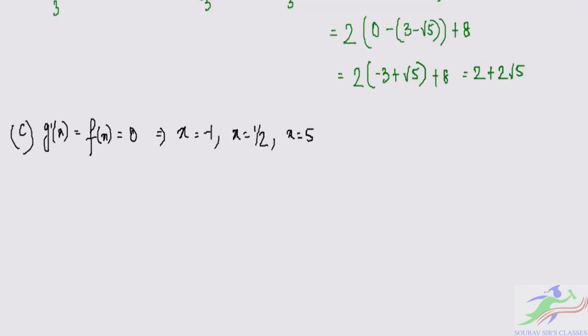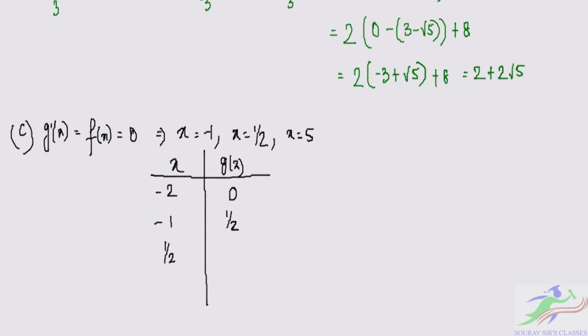So if we draw a table where it is x and the function g of x, for x equal to minus 2, g of x is equal to 0. For x equal to minus 1, g of x equal to half. For x equal to half, g of x is minus 1 by 4. And for x equal to 5, we already have, that is 11 minus 9 pi by 4.